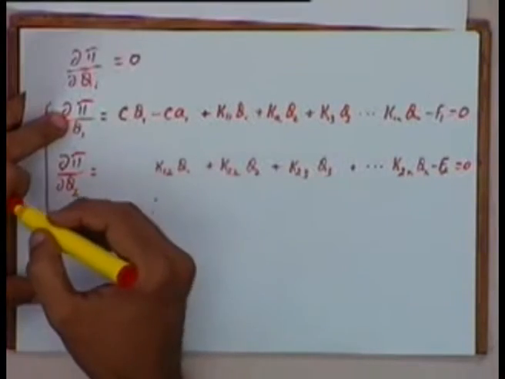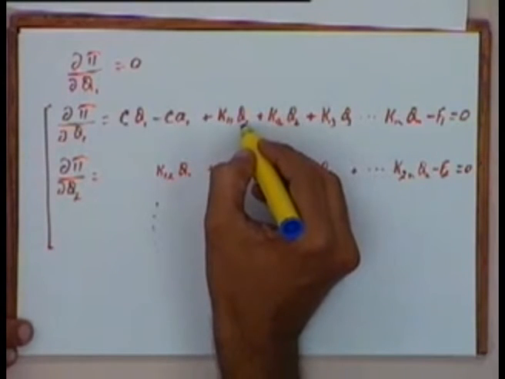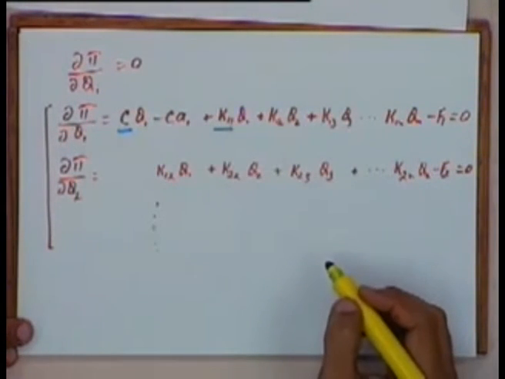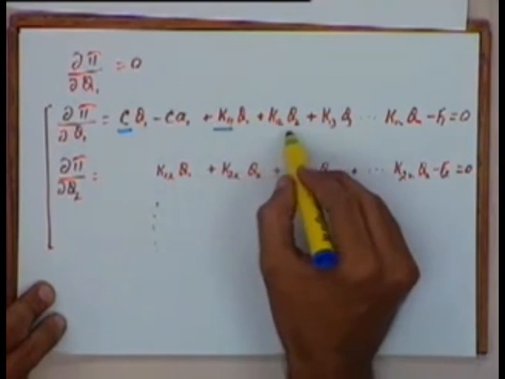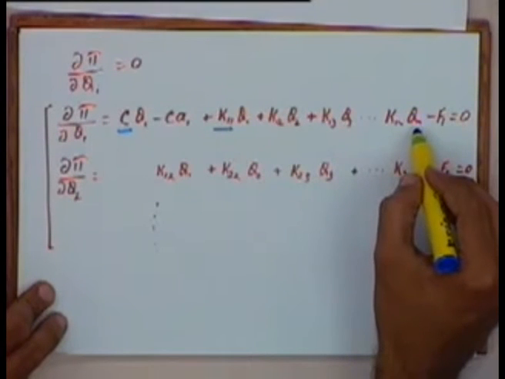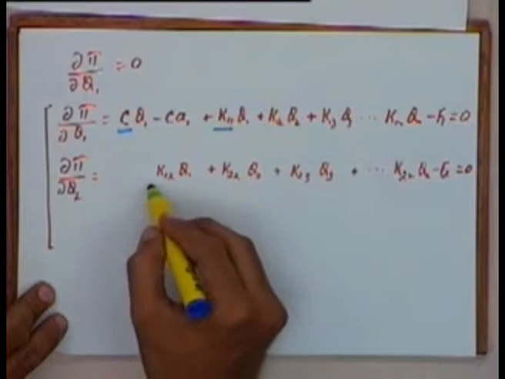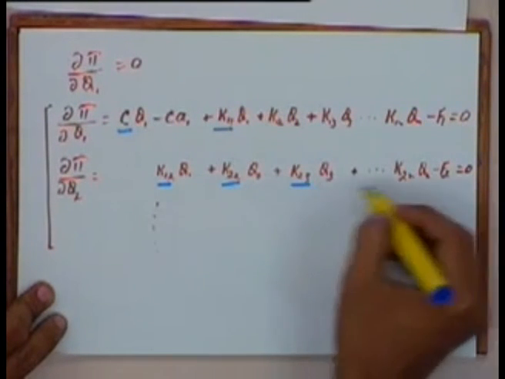in the first equation, my coefficient of q1 is c plus k11. All the other terms have coefficients which are the same as the stiffness matrix, k12, k13, k1n and so on. Similarly, in this equation all the coefficients are k12, k22, k23 and so on.